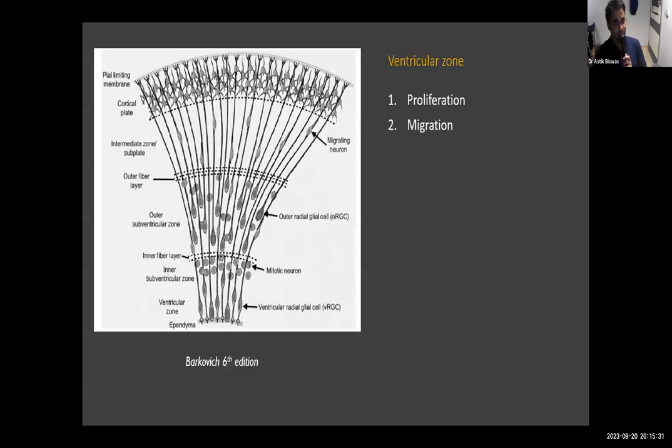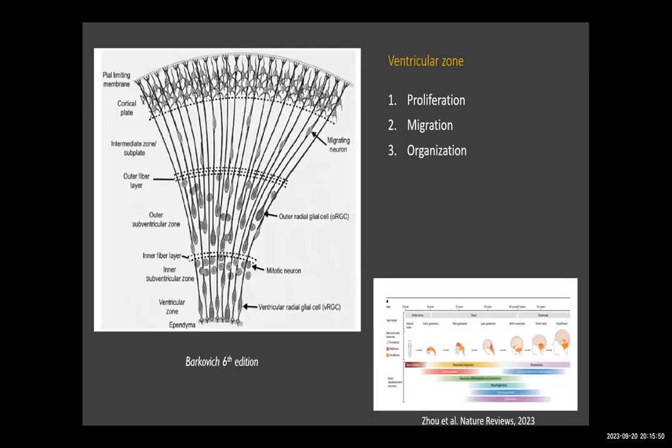Migration, as I mentioned before, starts in the first few weeks of gestation and continues up to the second trimester, and then organization occurs. That goes on well into postnatal life.